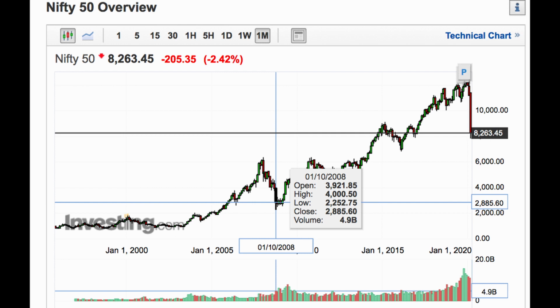So it was at its peak roughly towards the end of 2007, the beginning of 2008. Then the Lehman crash happened. Then the market crashed and Nifty came down all the way to 2600.